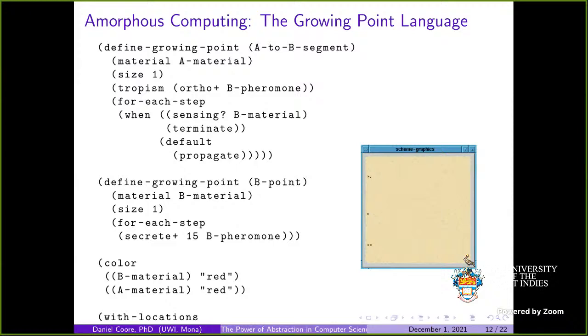But I recoded the construction of the inverters within that language, and this is what we got, and that's one run of it. So now the construction of this inverter, this pattern, is something I think about as a programmer in the context of growing points growing towards points in space.